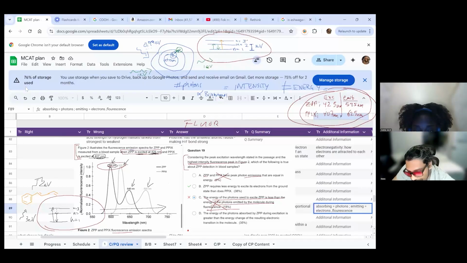So this is actually asking us a little bit more. Our answer is the reason why, for instance, ZPP, just to use an example, it could work for any example, gets excited at 425 nanometers.